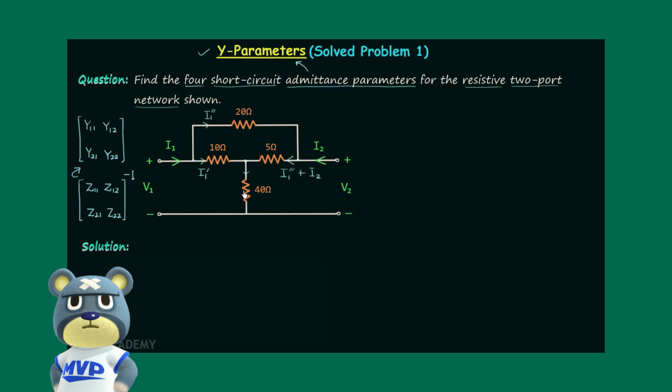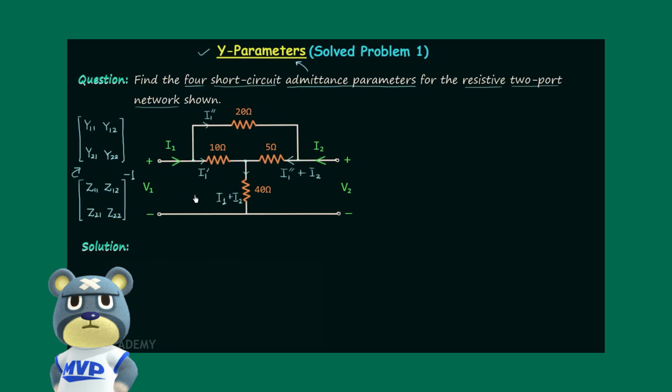Therefore, the leaving current according to KCL will be equal to I1 prime plus I1 double prime plus I2. And from here we can see that I1 prime plus I1 double prime is equal to I1. So in place of I1 prime plus I1 double prime, we can write I1. So current in this branch is equal to I1 plus I2.